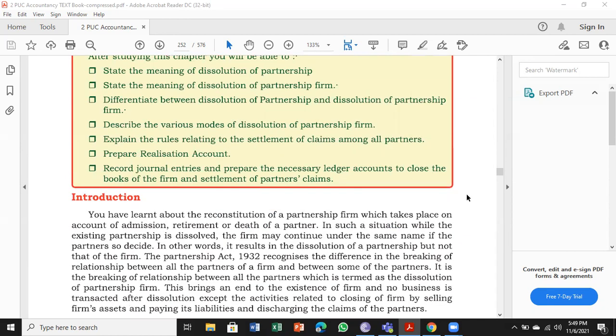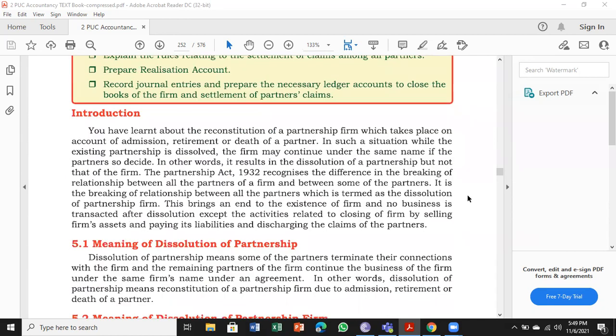This is the key in the dissolution of partnership firm. You may be wondering, is dissolution of partnership and dissolution of partnership firm one and the same or not?